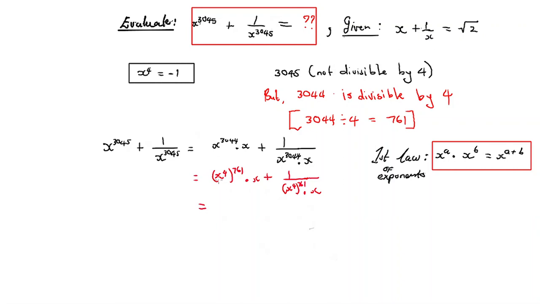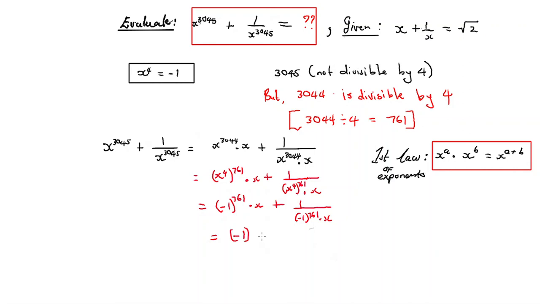Now we've calculated that x raised to exponent 4 is minus 1. So we have negative 1 raised to exponent 761 times x plus 1 over negative 1 raised to exponent 761 times x. Now 761 is an odd exponent, so a negative number raised to an odd exponent gives a negative number.